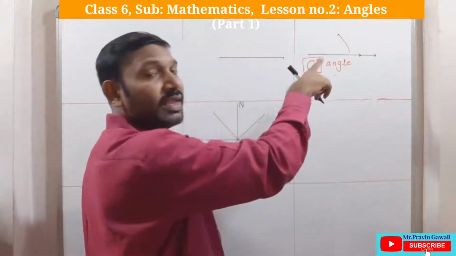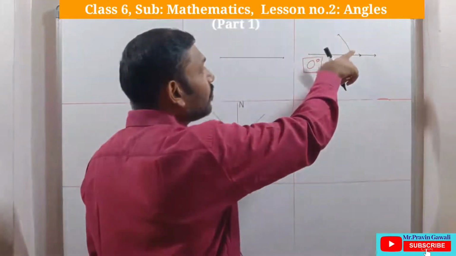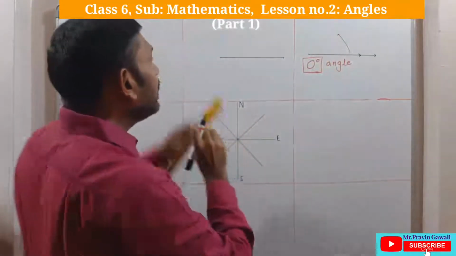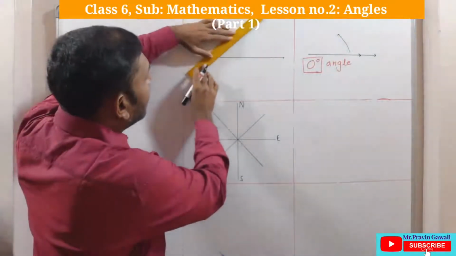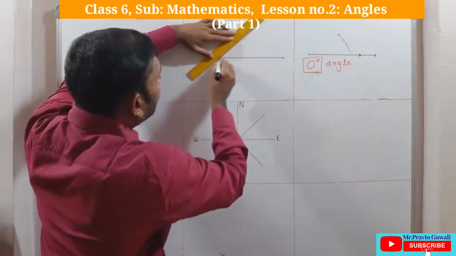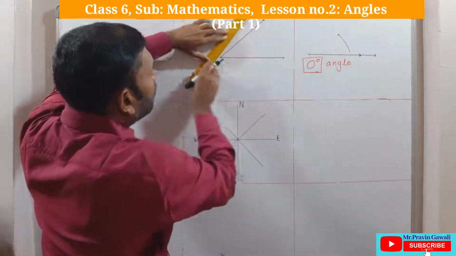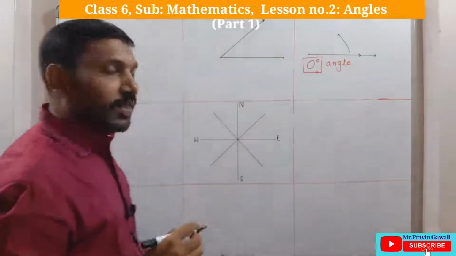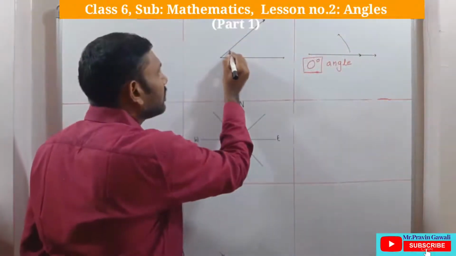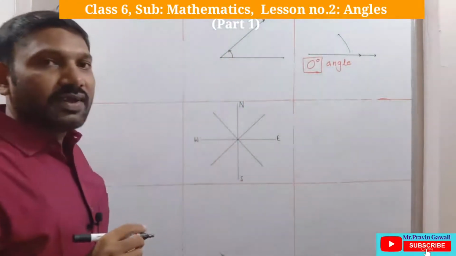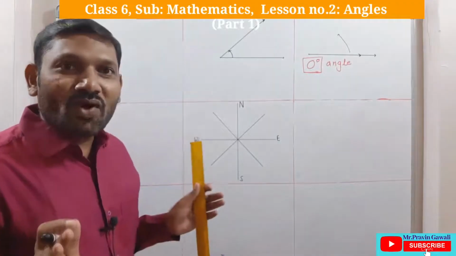If we are moving anti-clockwise, so if it moves in a further direction, then it will form a different angle now. Okay, students, see, it moves anti-clockwise in this direction. Okay, student. Now what do we call it?